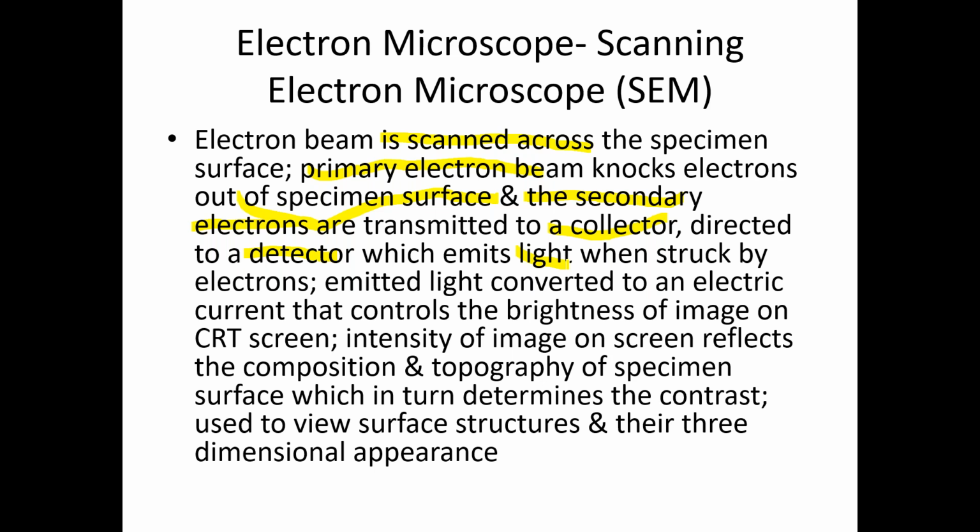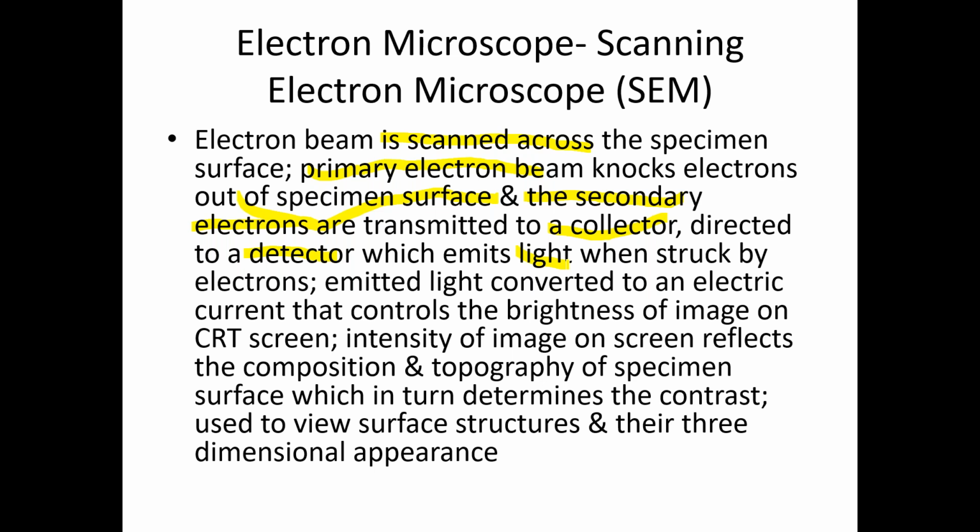Whereas in scanning electron microscope, the primary electrons produced from the hot tungsten filament will hit the specimen surface and produce the secondary electrons. So in transmission electron microscope, the electrons produced from the hot tungsten filament, that is the primary electrons, are responsible for producing light. Whereas here in scanning electron microscope, the secondary electrons produced from the specimen surface are responsible for producing light.